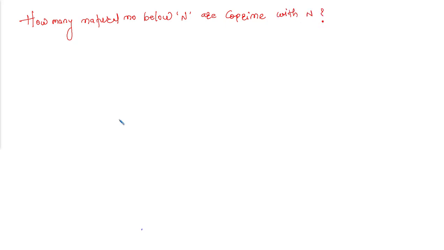This concept is called Euler's totient function, which we represent by the symbol phi. Phi of n. How to read this? Phi of n, or Euler of n, or totient function of n.